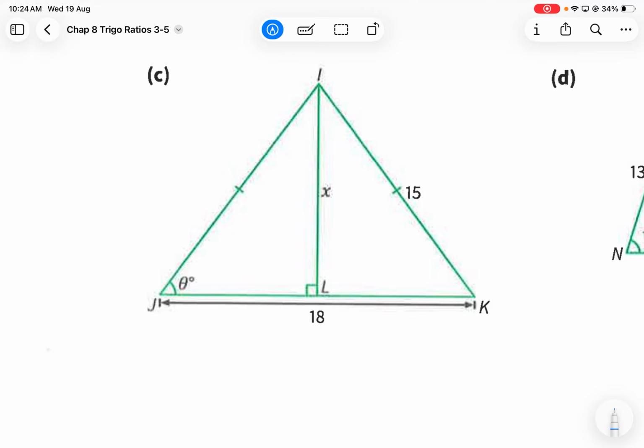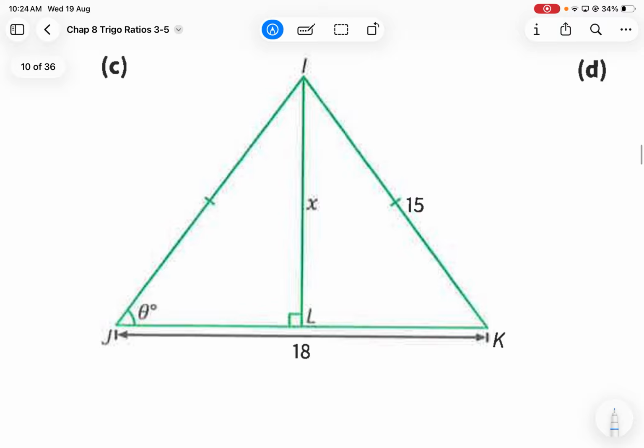Okay, I think the difficulty in this question is the property of an isosceles triangle. The property of an isosceles triangle, these two sides have the same length. If there is a line that comes down straight and then forms a 90 degree, it will definitely be running through the center, the middle, because in an isosceles triangle, both sides are the same.